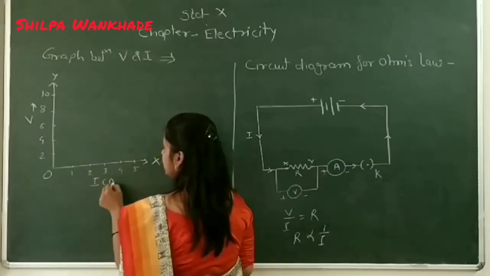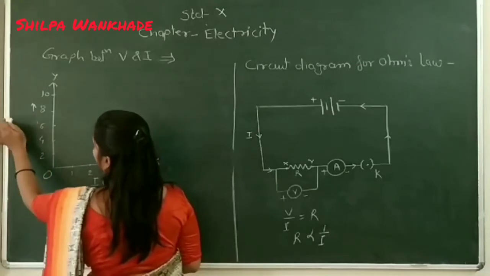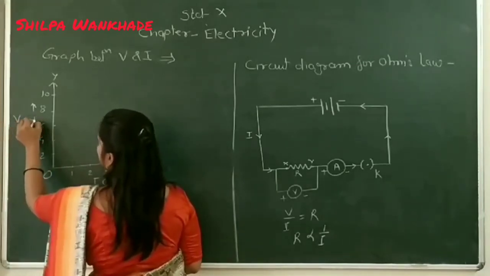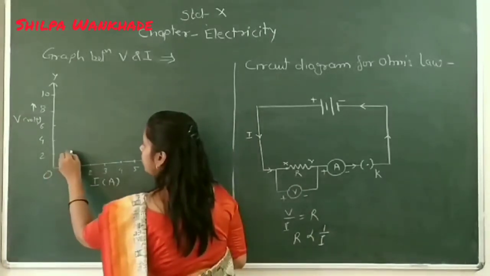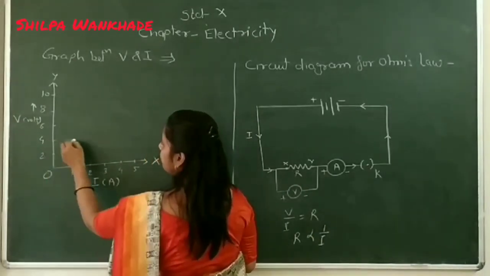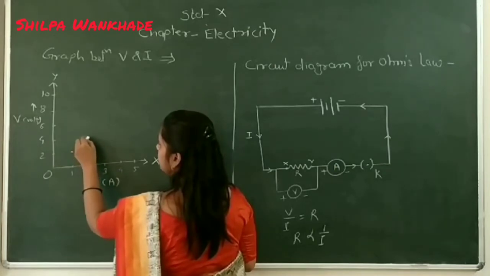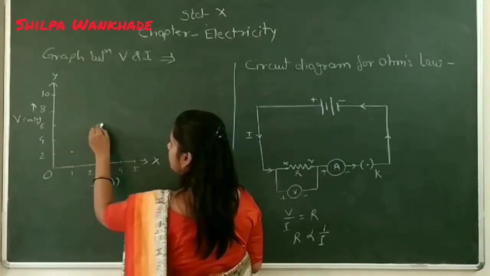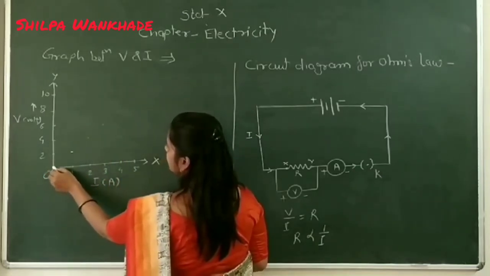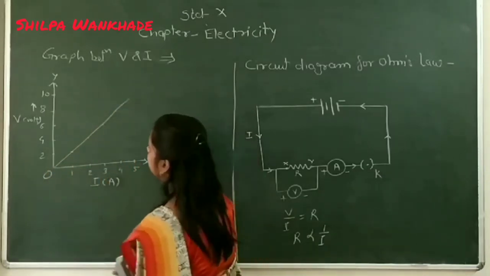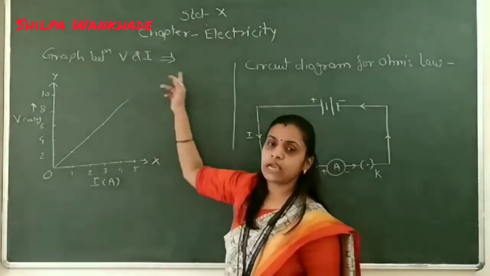Current is measured in ampere and potential difference in volt. For 2 volt there is 1 ampere, for 4 volt 2 ampere, for 6 volt 3 ampere, 8 volt 4 ampere, and this is the graph drawn between V and I.